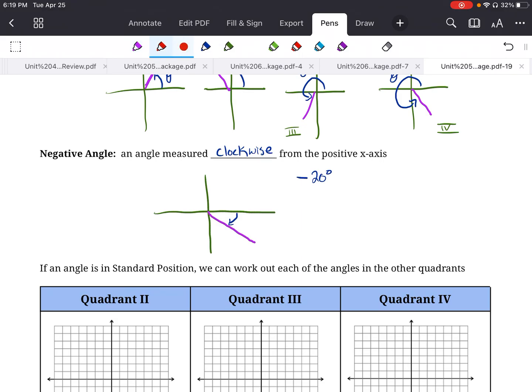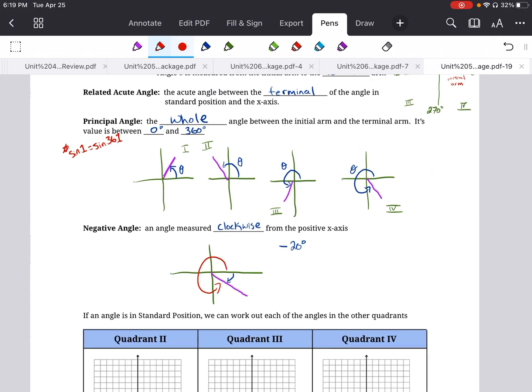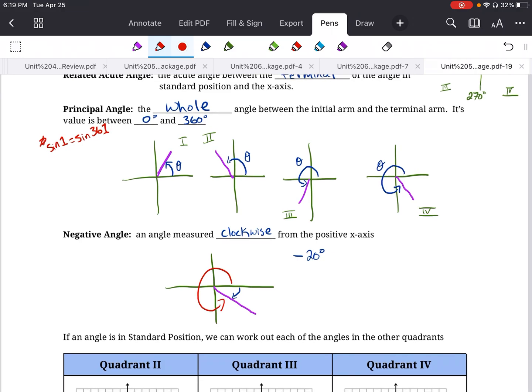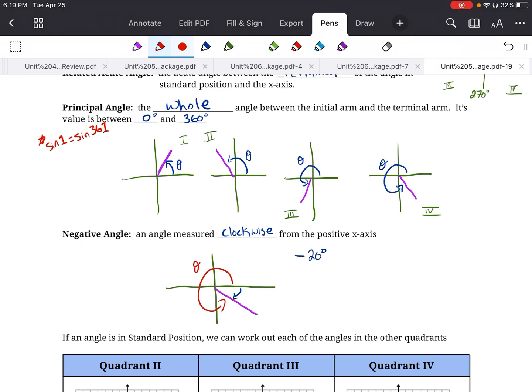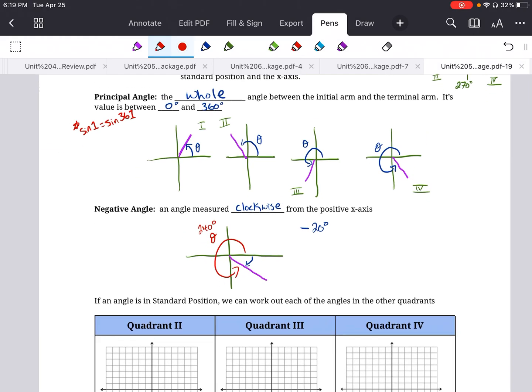So the terminal arm is actually, the principal angle would be 360 minus 20, so 340 degrees.